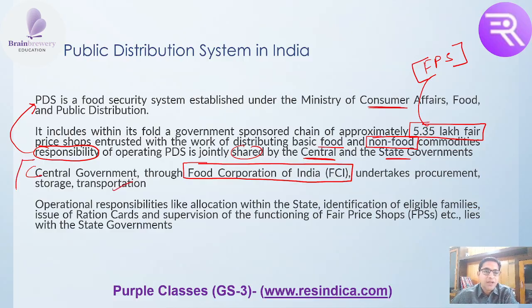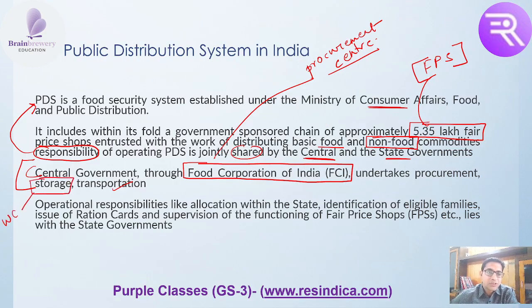FCI has its own procurement centers which procure the food items. Then they store the food items in FCI warehouses, and then transport them to the state warehouses, from there to district warehouses, and then to the fair price shop. This whole way, this is the flow chart through which things are working.